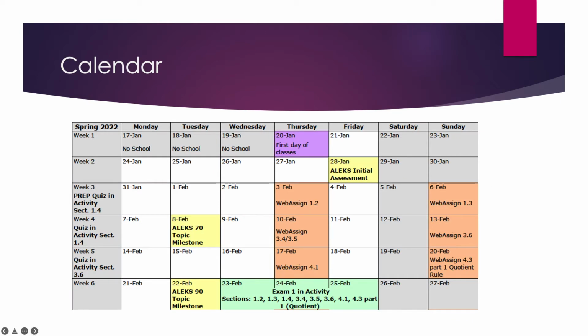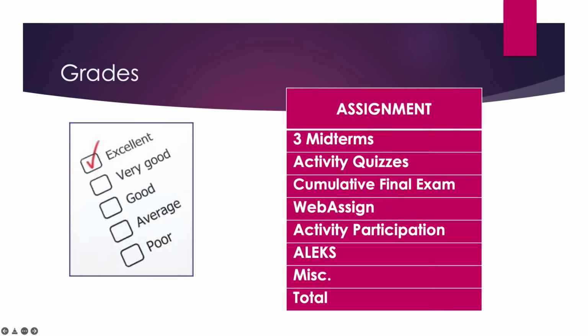The class has a calendar. It may be different every semester, but you'll notice that generally homework is due on Thursdays and Sundays, which are the tan boxes. ALEKS is due about every 2 weeks, which is the yellow boxes, and your exam is every 4 to 5 weeks, and it will be indicated which topics are on your exam. So how is your class grade determined?